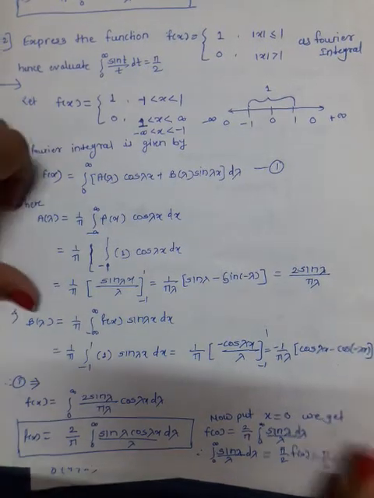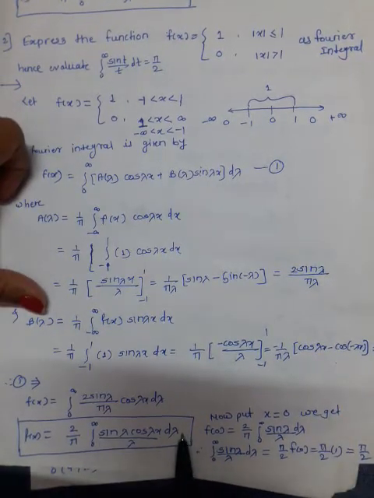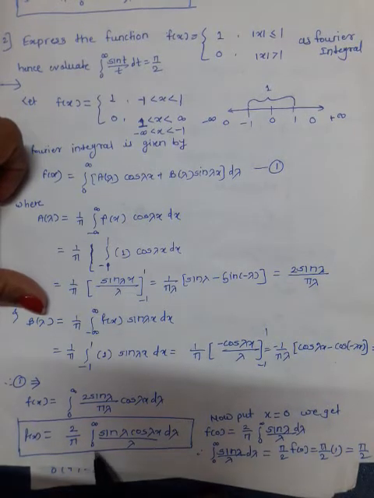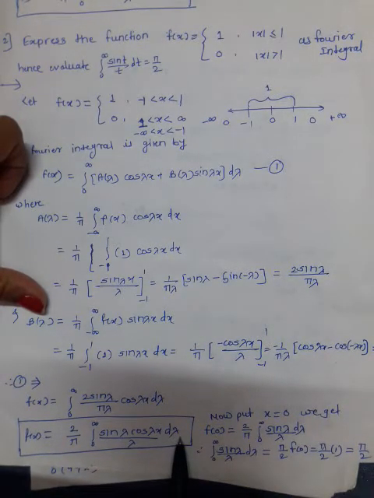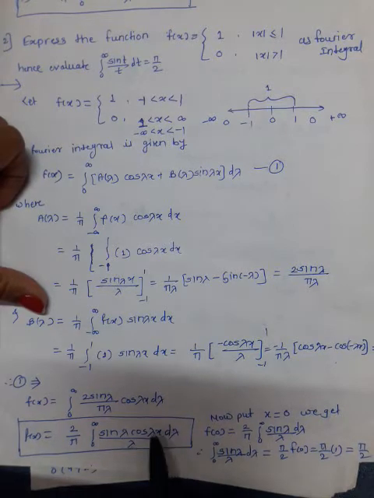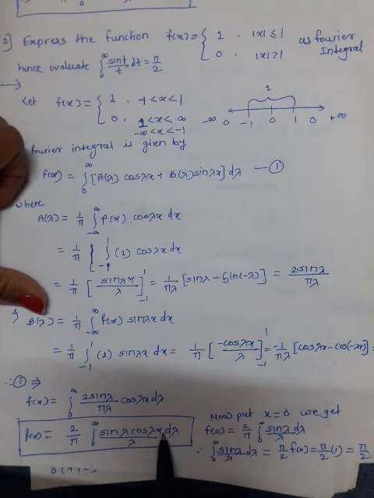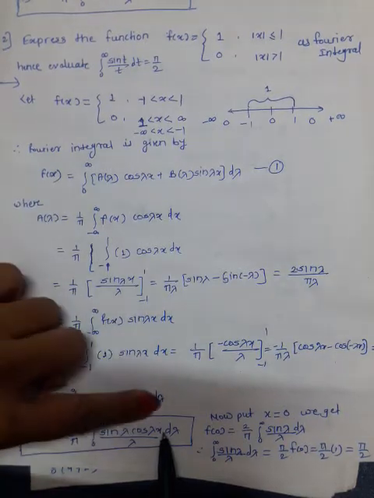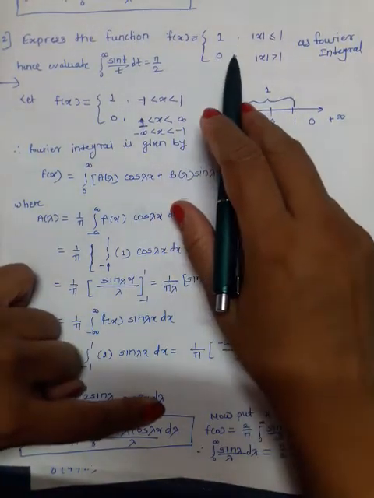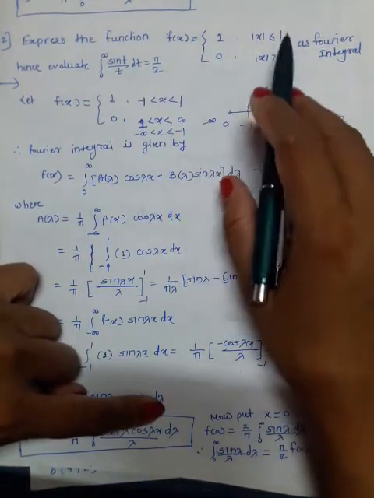Where the integration is with respect to lambda, lambda values vary from 0 to infinity. We cannot put a value for lambda, because lambda is the variable of integration. That's why we have to put values of the variable which is present apart from lambda. What is that variable? x. Because we know the function's value here already, we know x values.